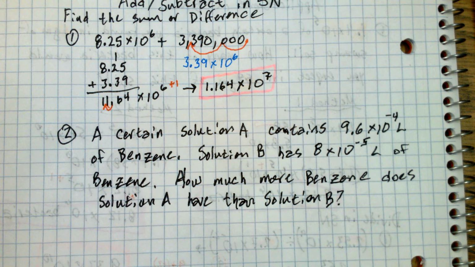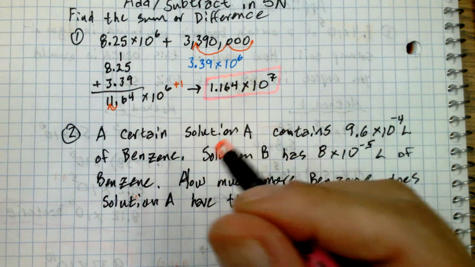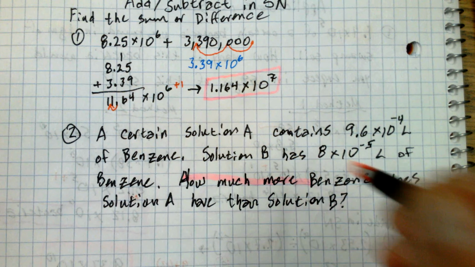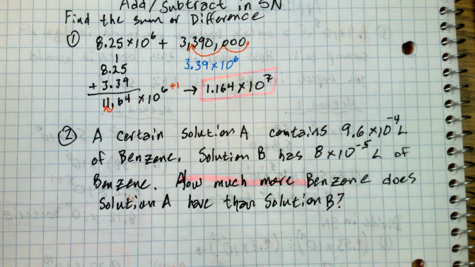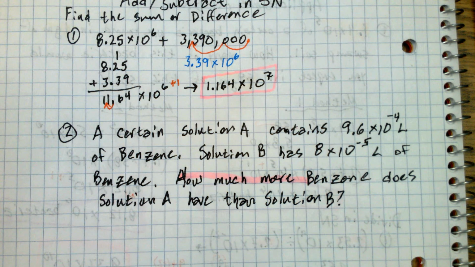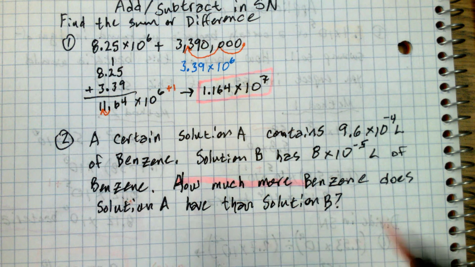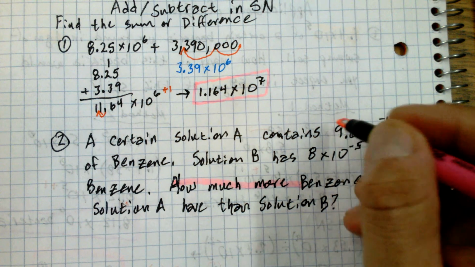So this time they're asking us how much more, not how many times more. So if it's asking how much more, we subtract. Whenever they have how many times greater, larger, etc., we'll divide to compare. Here we compare by subtracting. So we're going to take our solution A, which is 9.6 times 10 to the negative 4.